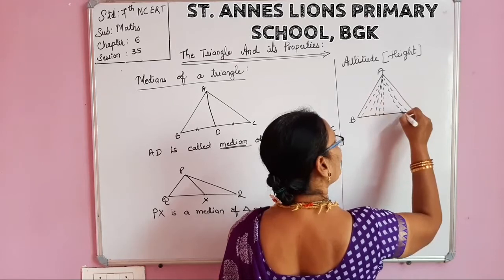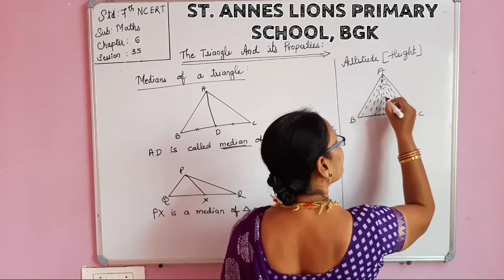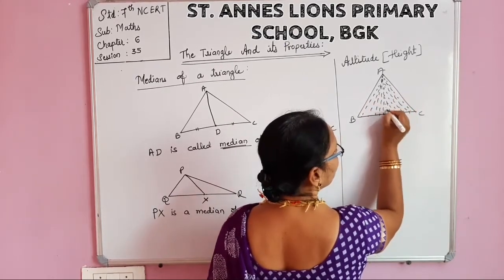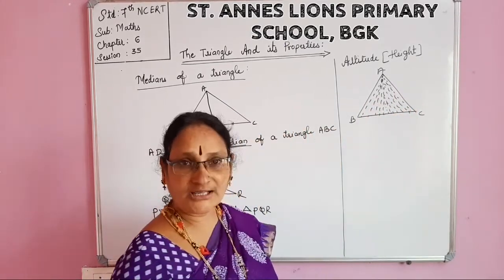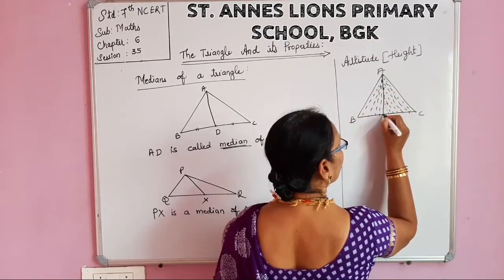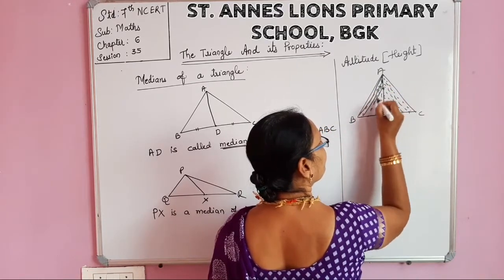These are the lines I am drawing from vertex A to the base BC. Among all these lines, this one is perpendicular. Observe how all the others are slanting.